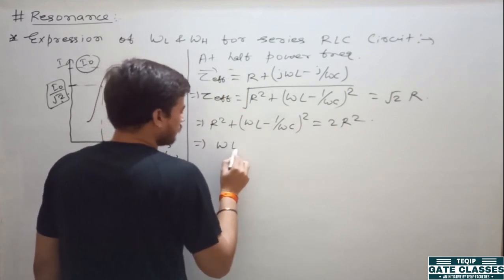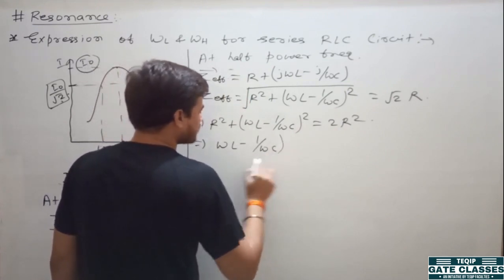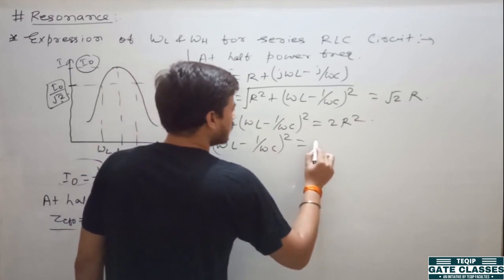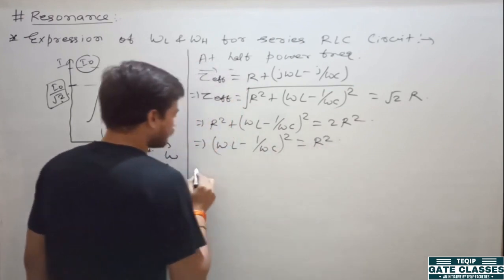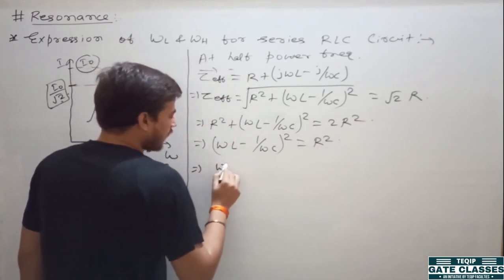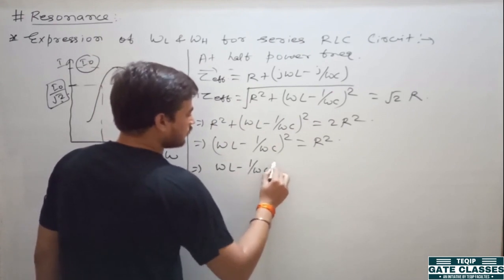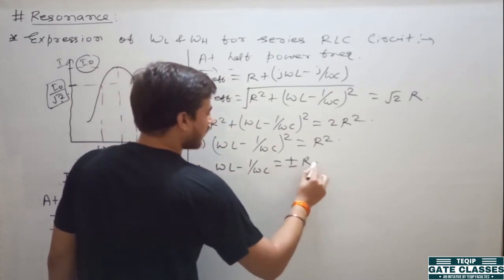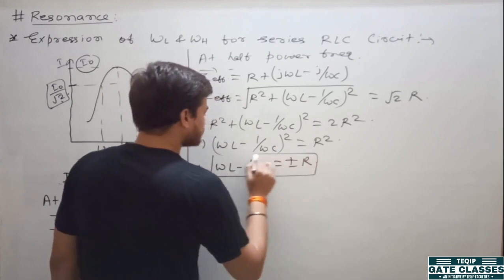From here you can write omega L minus 1 upon omega C whole square will be equal to R square. So from here you get omega L minus 1 upon omega C will be equal to plus minus R.